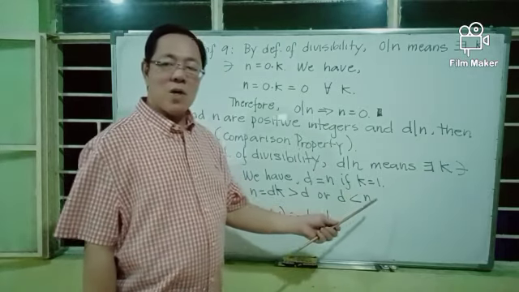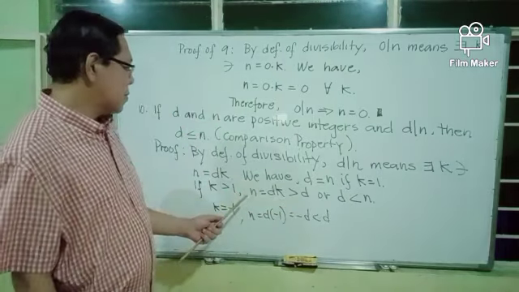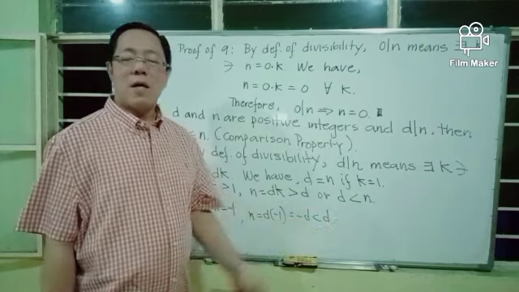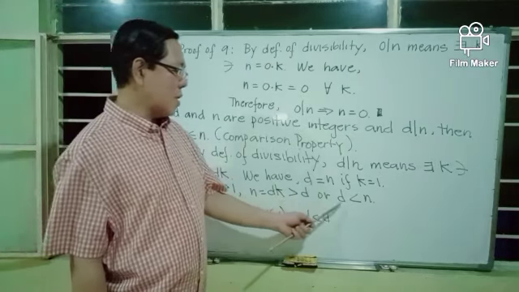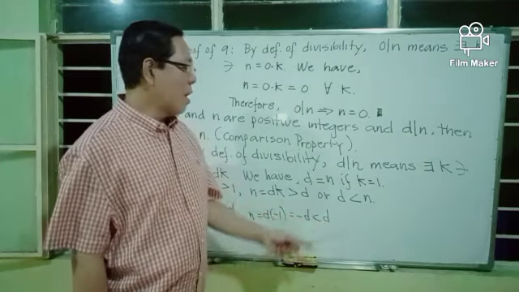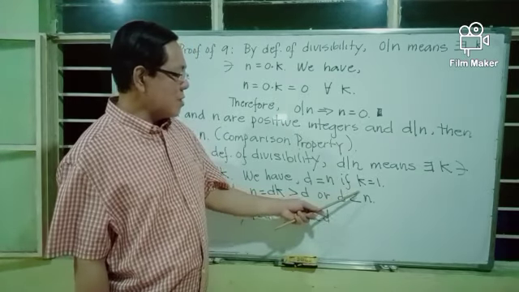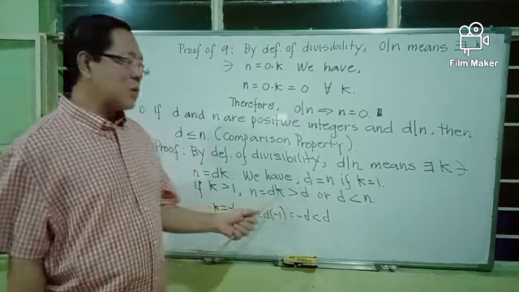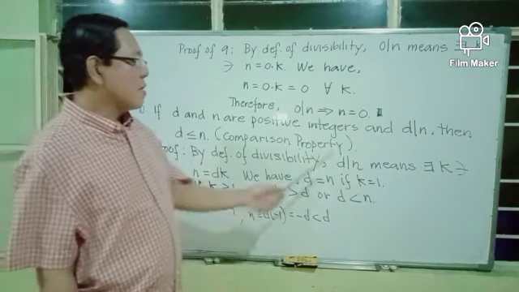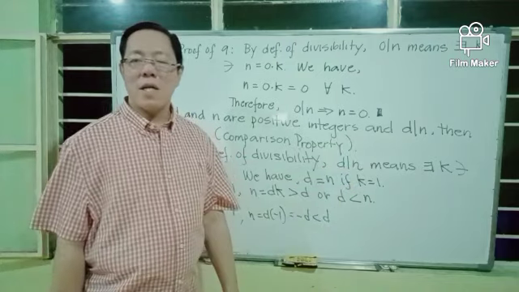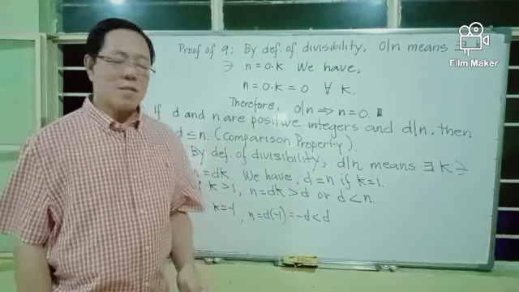K is 1, which would give you d equals n, and integers greater than 1, which would give you d less than n. Thus, we combine these two results and conclude that d is less than or equal to n if d divides n and d and n are positive integers.